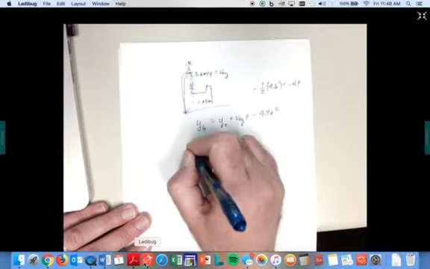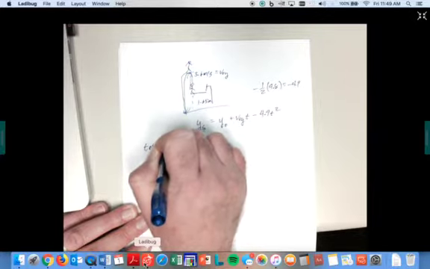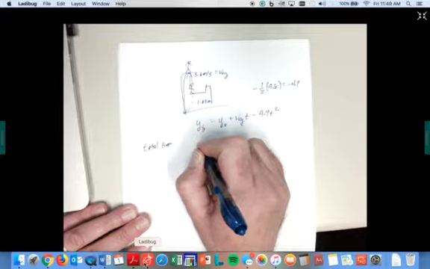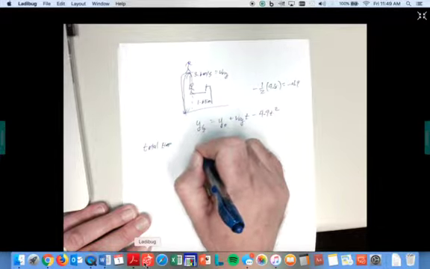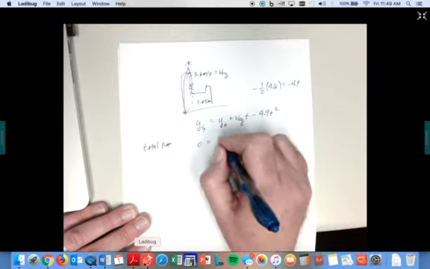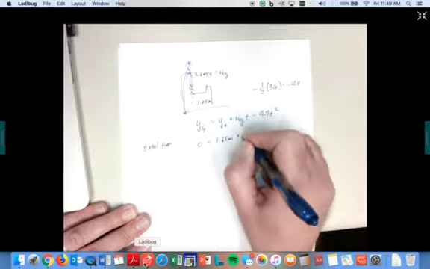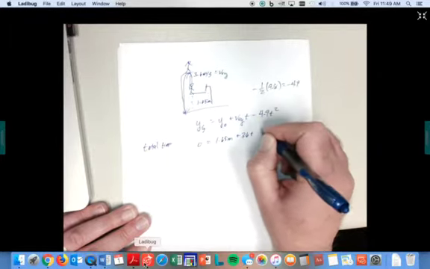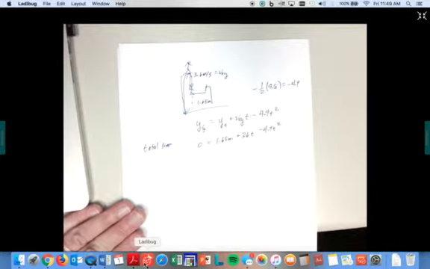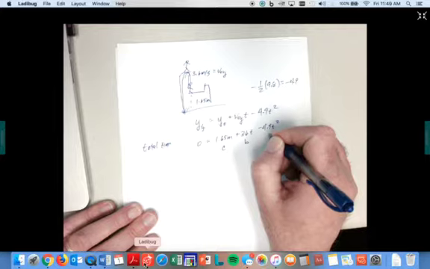In this problem, for total time, this one's a little bit different. y final is equal to 0. y initial was equal to 1.65. v naught y is 3.6, so 0 = 1.65 + 3.6t minus 4.9t squared. Well, this is C, this is B, and this is A.